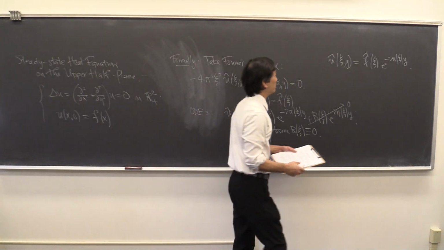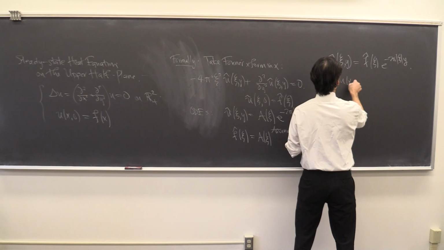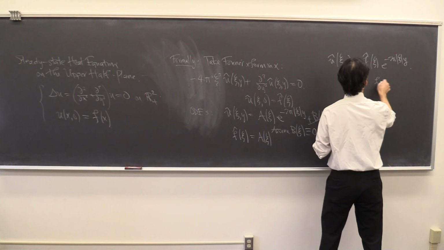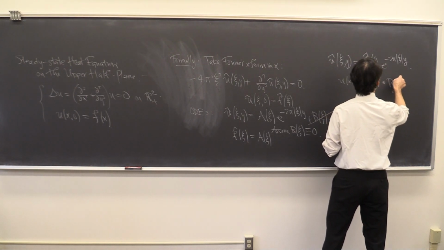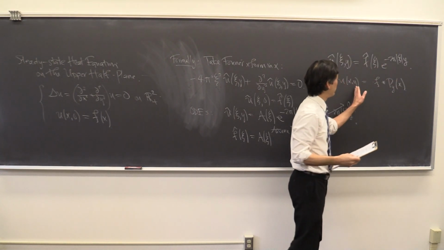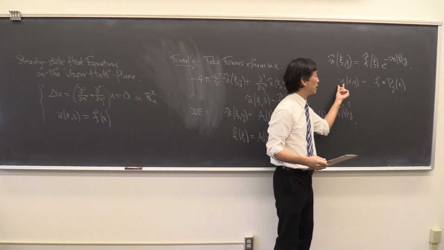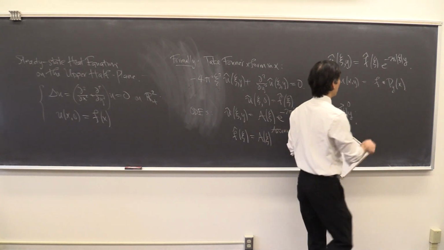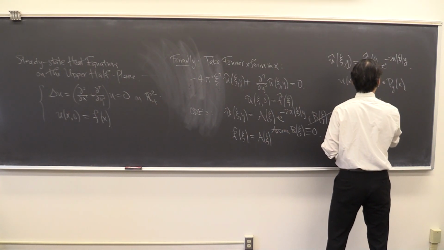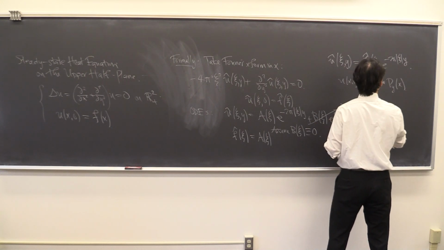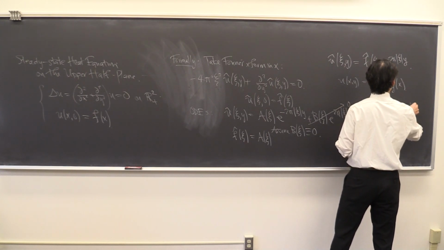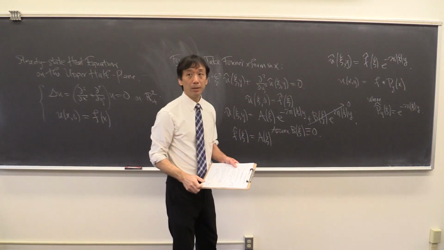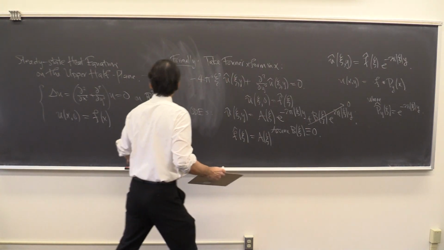In other words, u must be some convolution with some kernel. For each y, u must be the convolution of f against some kernel P sub y, where P hat sub y is e to the negative 2 pi absolute value of c times y.